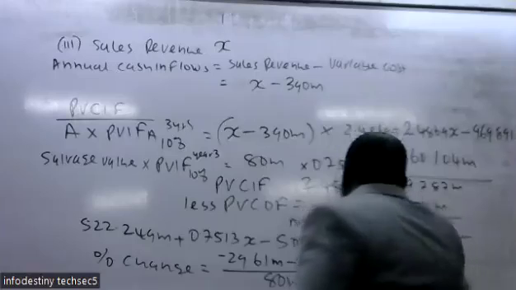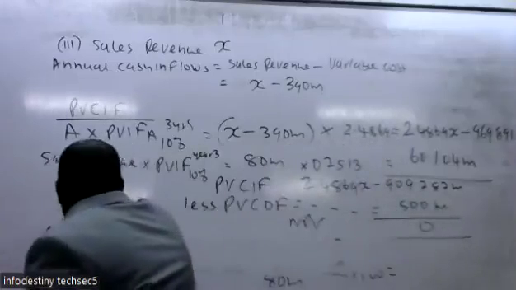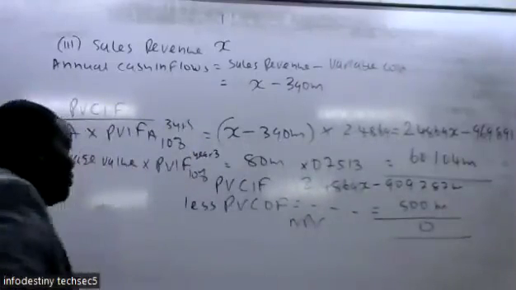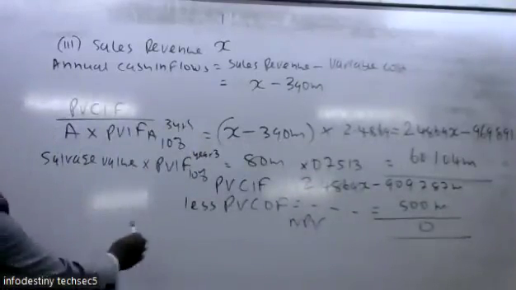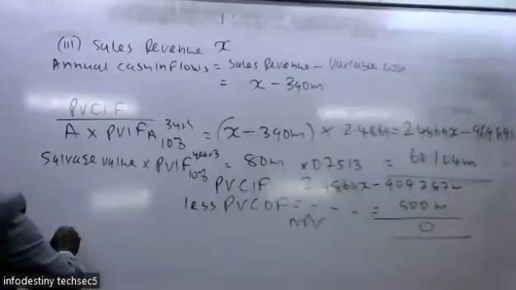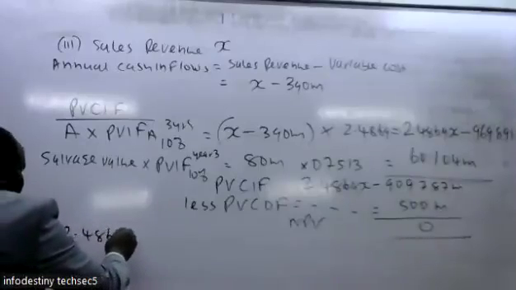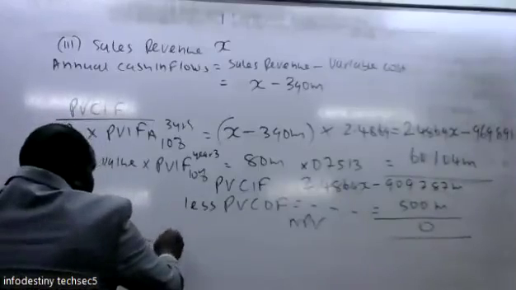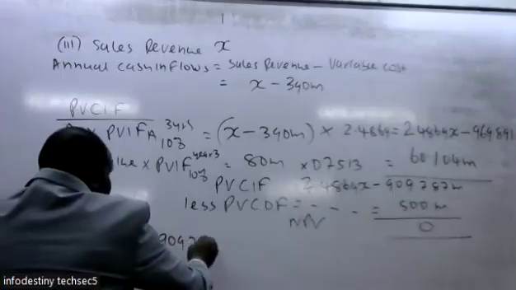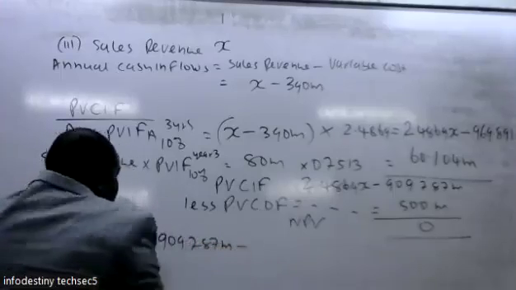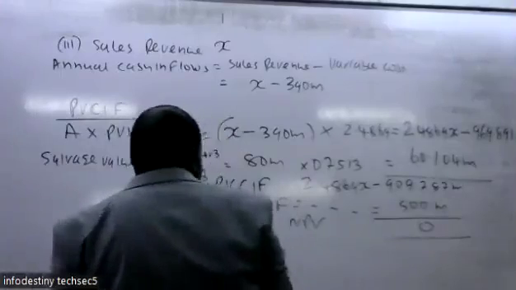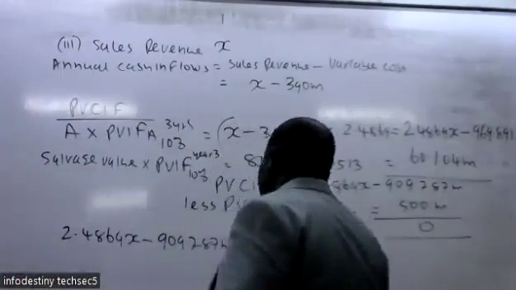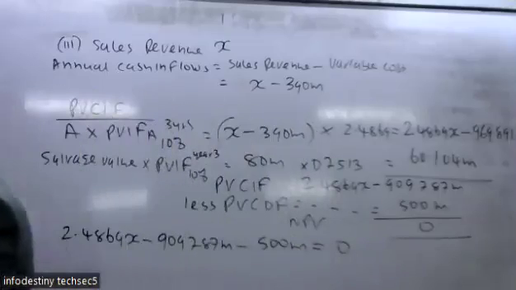So that NPV becomes 0. So now our equation should be 2.4869X minus 909.787 millions. Then we also subtract the 500 millions, so that NPV will be equal to 0.